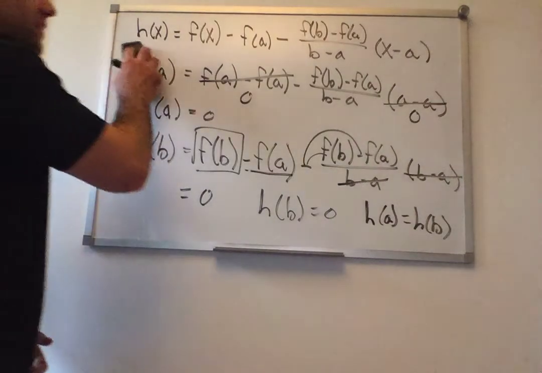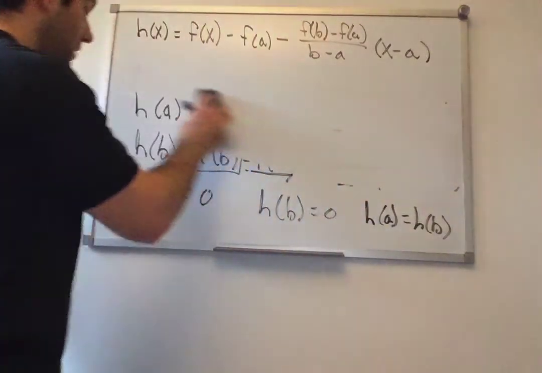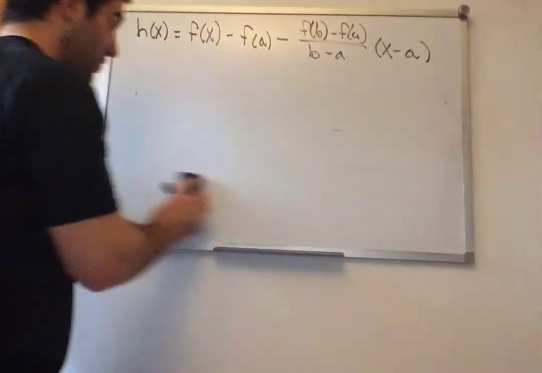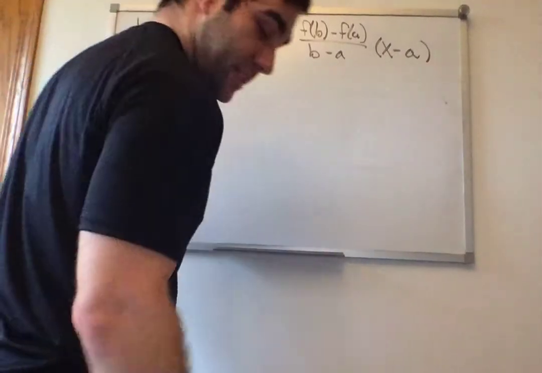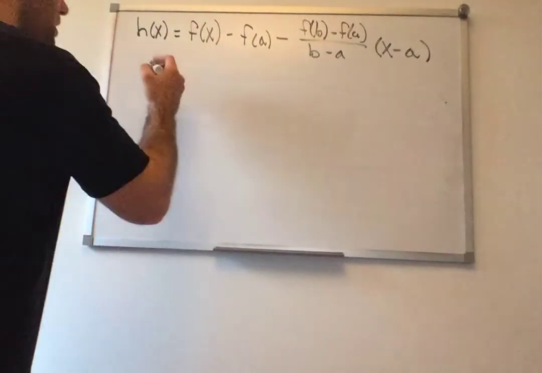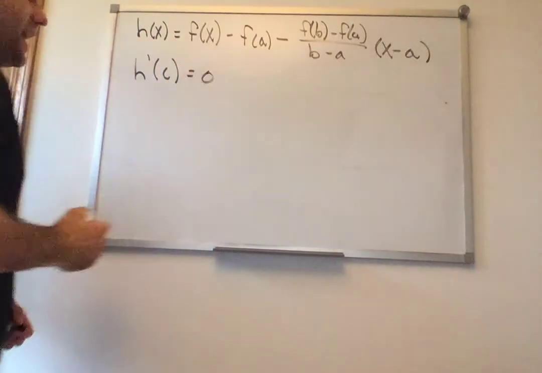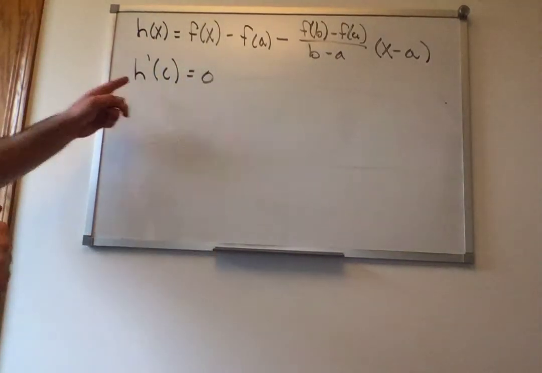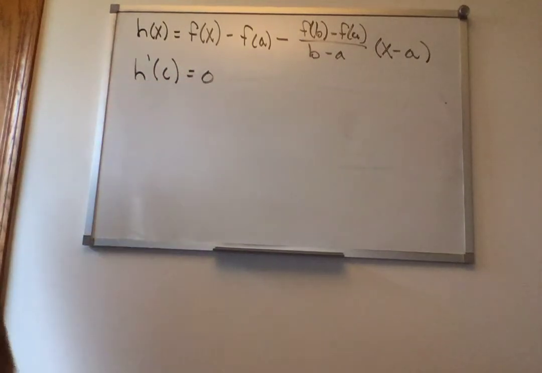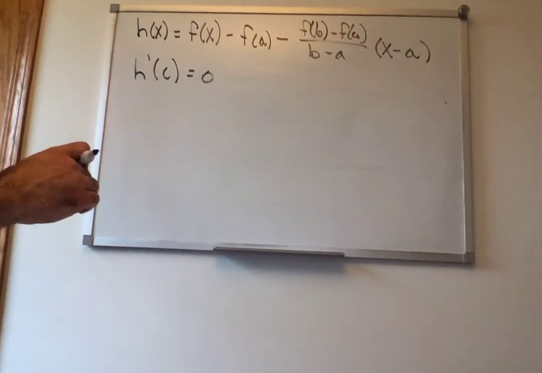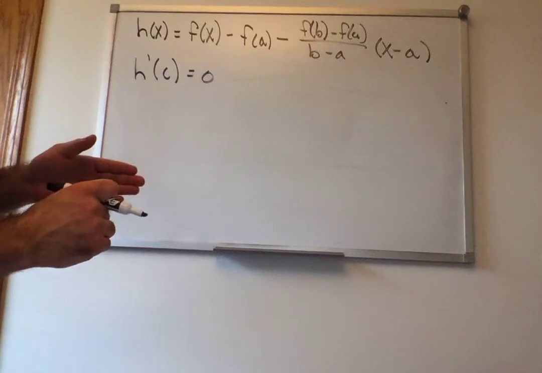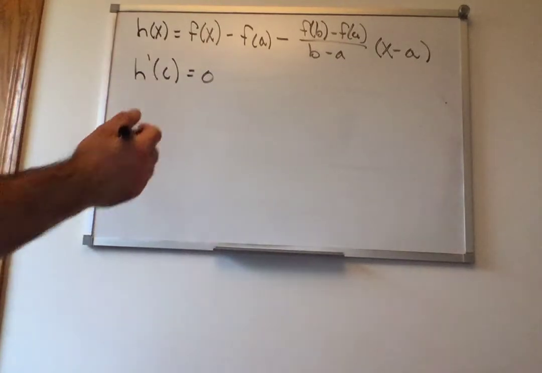So that means, I'm going to keep that up there, since all three conditions of Rolle's theorem are satisfied, there's some number c in a and b such that h prime of c is equal to 0. So all that means is take the derivative of this thing, plug in c, and set it equal to 0.